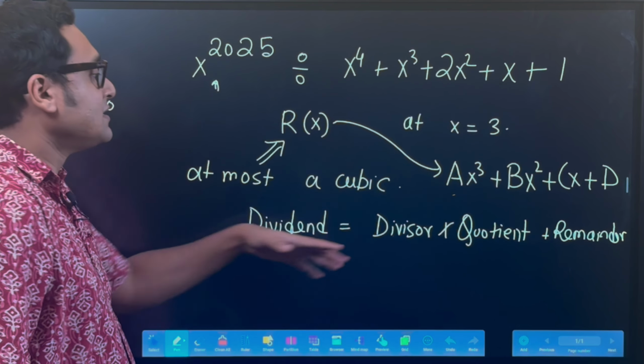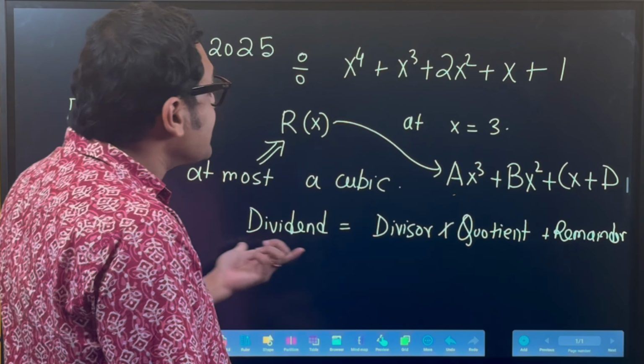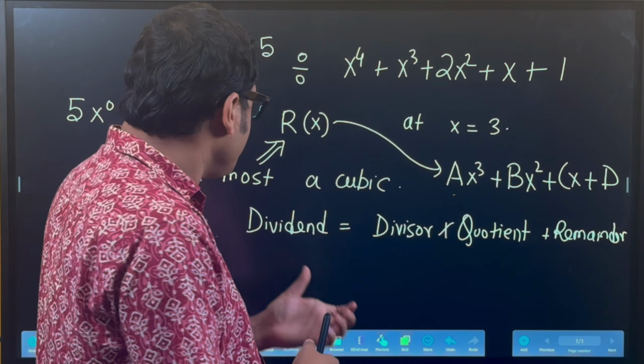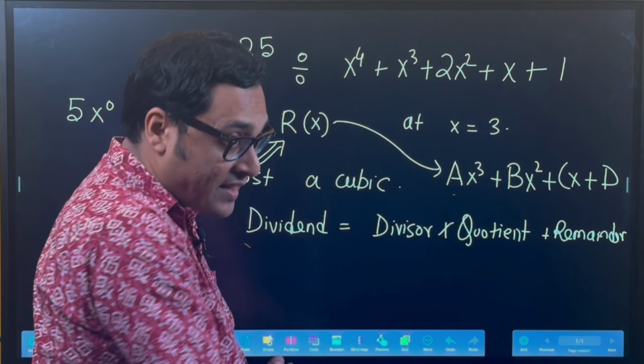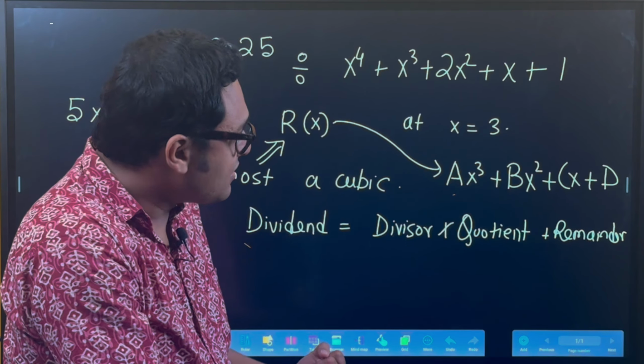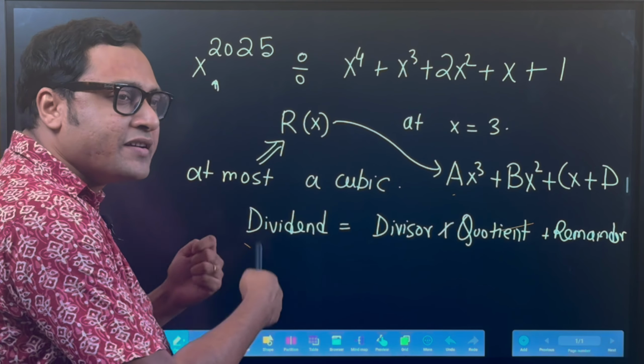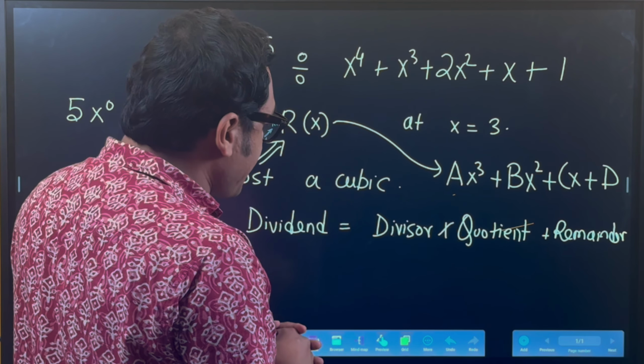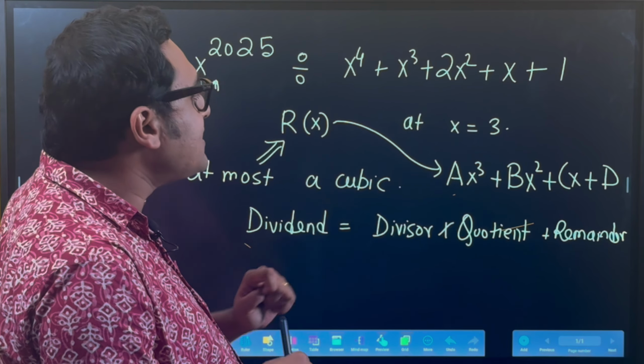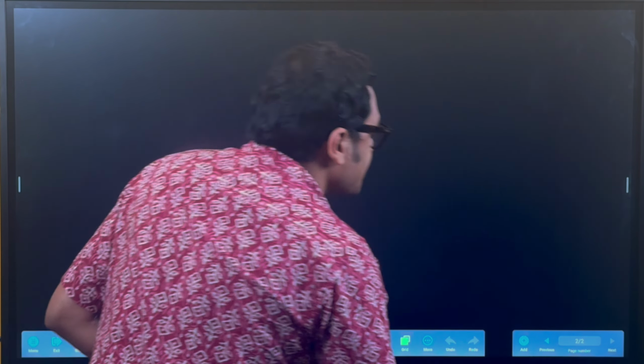This is what, informally speaking, the division algorithm is. If you divide something by something, you will have a quotient and you will have a remainder, and you can write it like this. It's very simple. We have seen it before. We have done it during arithmetic as well as algebraic manipulations. So I'll be using this thing to solve this problem.